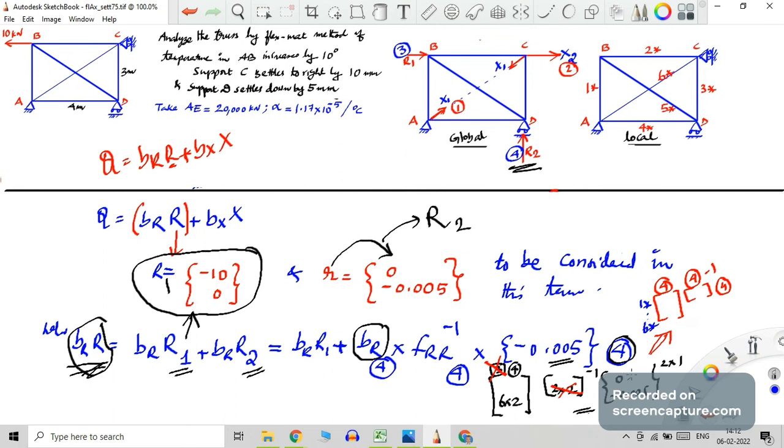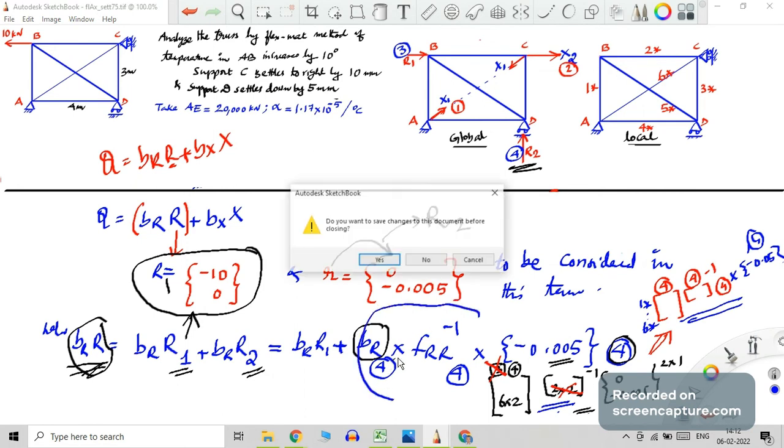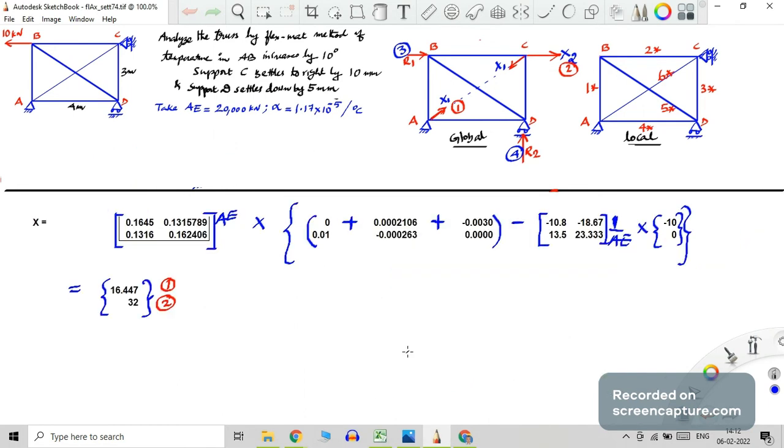So instead of this multiplication, do this multiplication. This is multiplied by small r2 alone. So minus 0.005 alone. That is also of coordinate 4. So instead of a 2 by 2 multiplication, you need to go for only one row multiplication in the second part of the equation. Okay, just one second, I will do that.